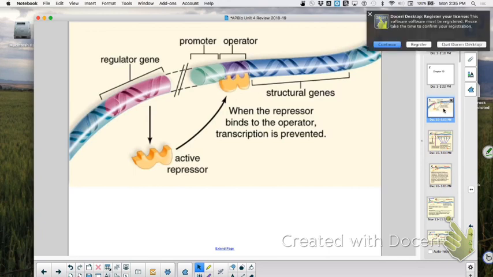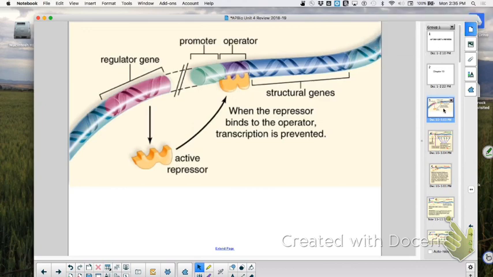Once translated, they form enzymes that digest lactose. When all the lactose is digested, the repressor is welcome to get right back on that operator. Let's logic it out: I don't need these enzymes until I need these enzymes. The thing that requires those enzymes flips the switch so those genes can be transcribed. That's inducible. What's the other one called?